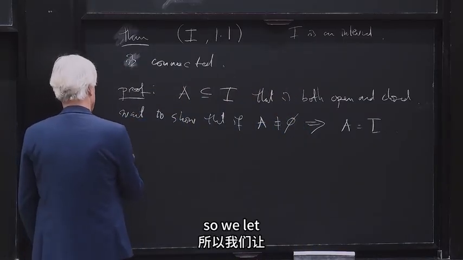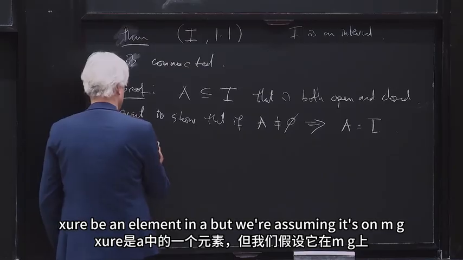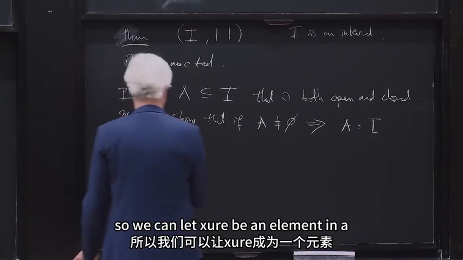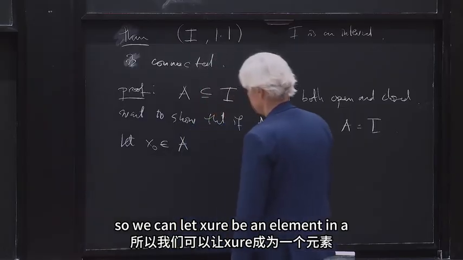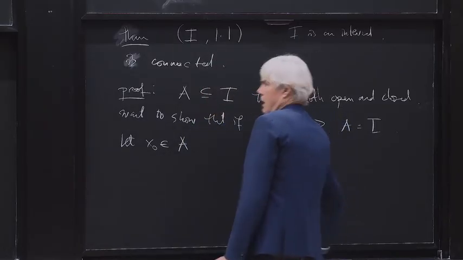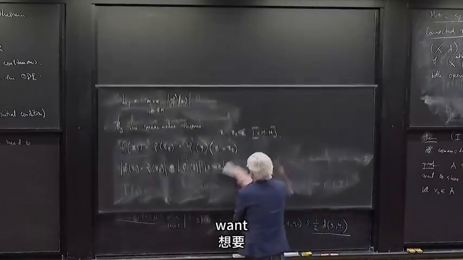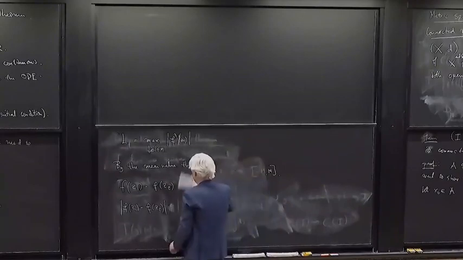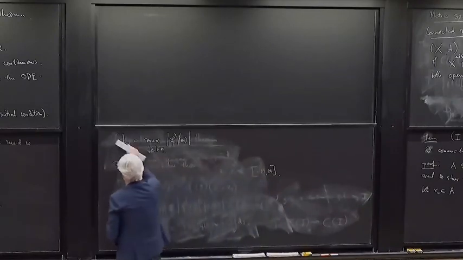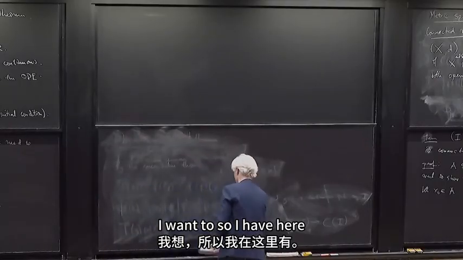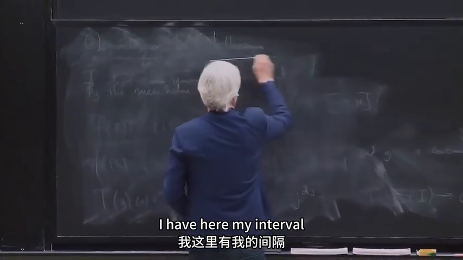So we're assuming that it's non-empty, and then we should try to prove that A is everything. So we let x0 be an element in A, right? We're assuming it's non-empty, so we can let x0 be an element in A. And now I want to define, so I have here my interval.